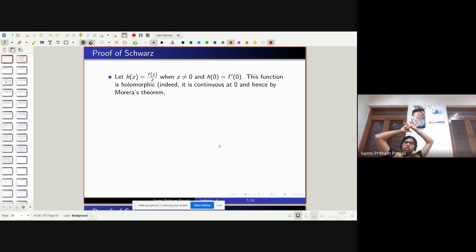If you have finitely many problematic points and the function is continuous, in fact, this is a theorem of Riemann: if a holomorphic function is continuous at those points, then it's actually holomorphic at those points. And the same proof works.